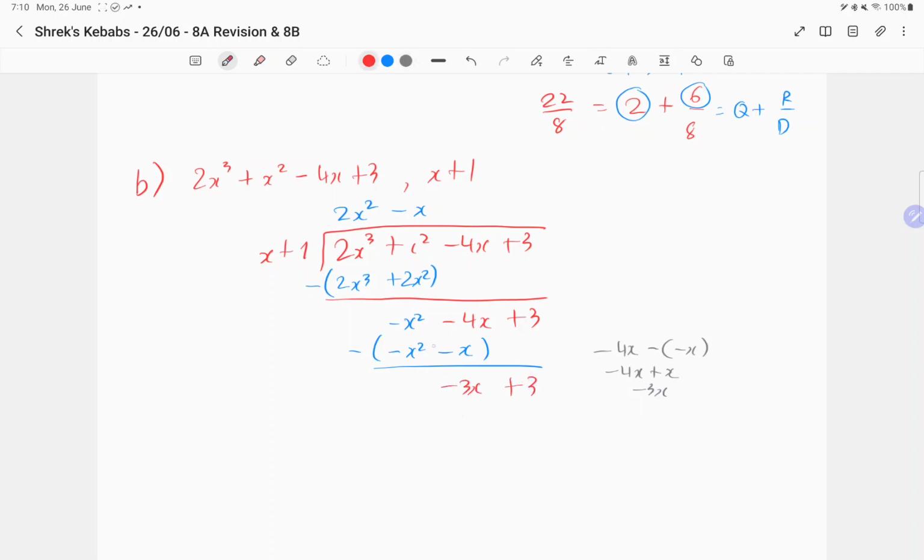Then you find a number that times into this would get you closest to negative 3x plus 3. And that is negative 3, because when you times into x, you get negative 3x, and this one will be minus 3. So there's no remainder, is there? There is a remainder. Oh wait, hold on. The remainder is 6. Oh, because it's a negative. Yep. So minus is a plus.